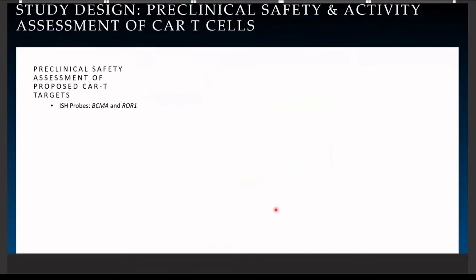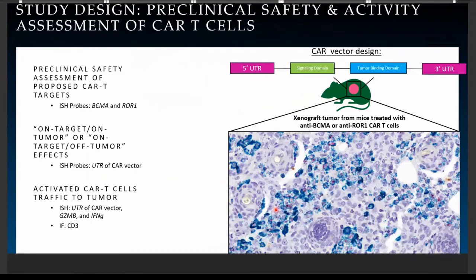So for this, we first designed probes against the BCMA and ROR1 antigen, which were the two antigens against which they developed the therapy. This allowed us to visualize these antigens within this xenograft tumor. Secondly, we wanted to assess whether these therapies have any non-specific effects, which in cell and gene therapy terms, if they have any on-target on-tumor effect, or any on-target off-tumor effects, which can lead to severe toxicity.